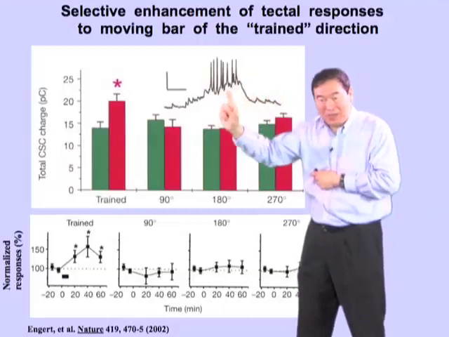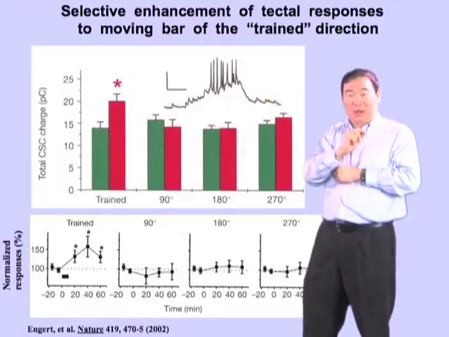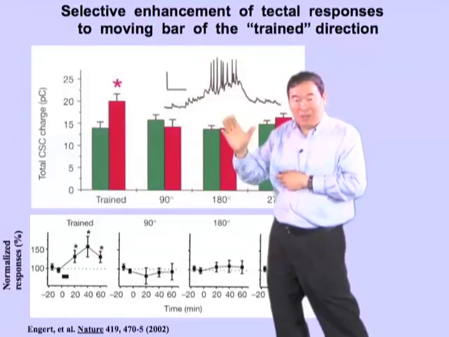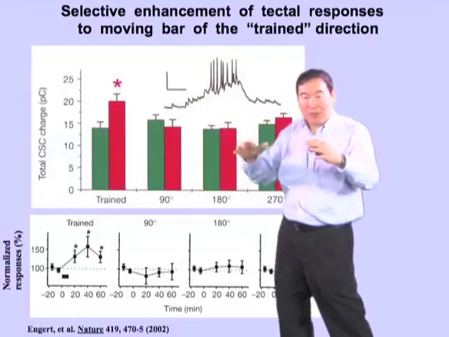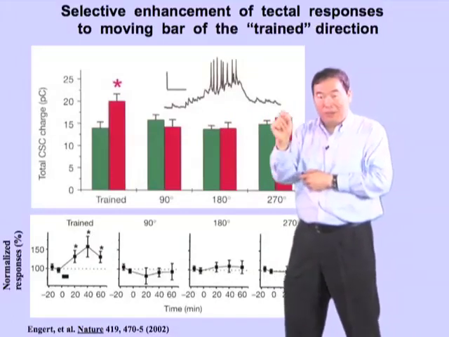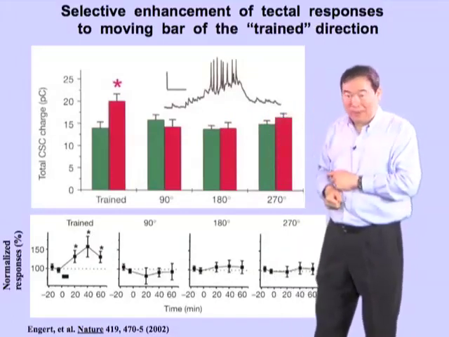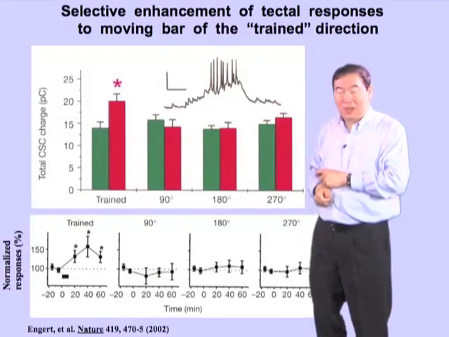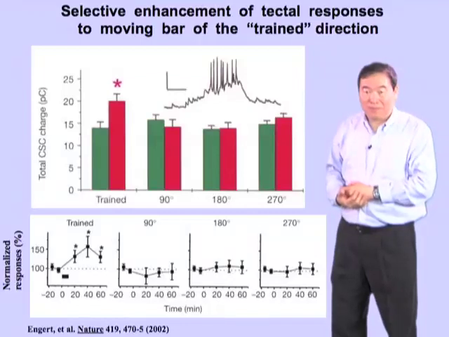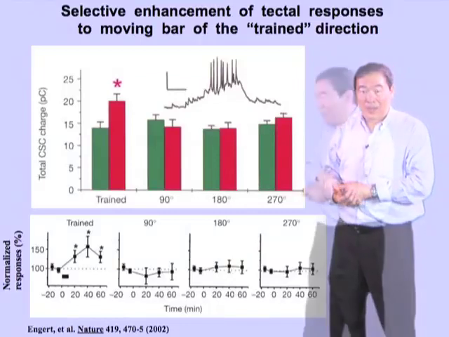It has to be tested with the same speed as the training bar to give you the higher response. So it's a highly specific network input to the cell you're recording, which now becomes tuned to direction. Right? This is learning, right? Learning to remember a sequence, a directional sequence.